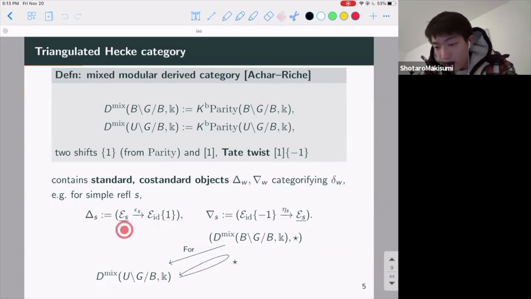So this is a constant sheaf on the corresponding P^1 shifted appropriately. And this E_id is the monoidal identity, so this is the skyscraper sheaf at the point stratum on the flag variety. Okay, so now I've just taken complexes and gotten this diagram.